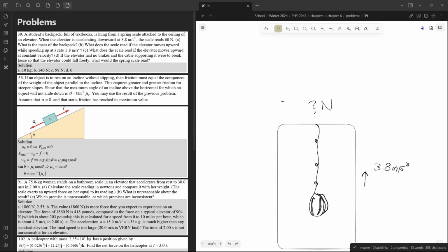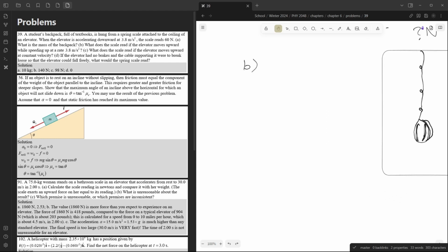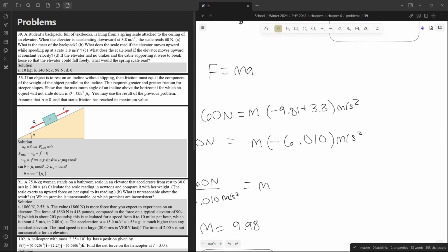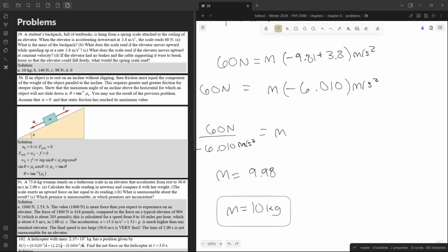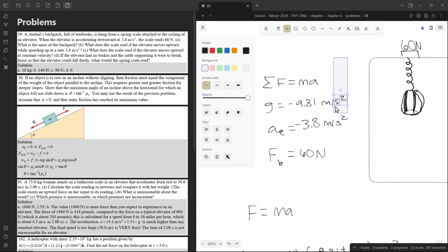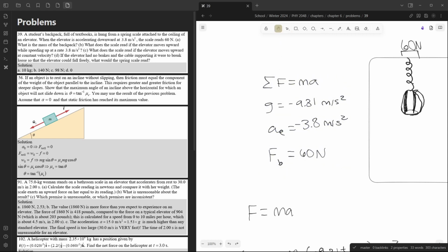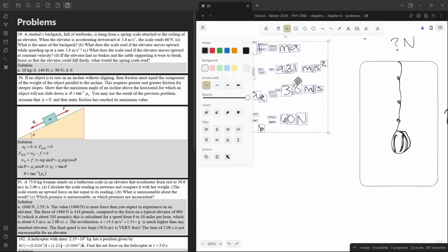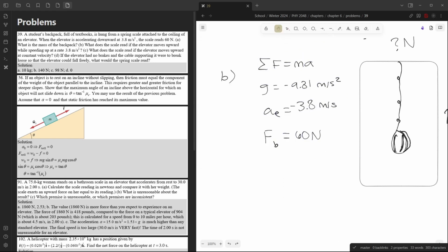Yep. So we now know the constant mass from part A. So that's another thing we know, along with all this stuff. Except this acceleration is now positive. So let's go ahead and put that over here. And we just make this positive with a single little line added to it.